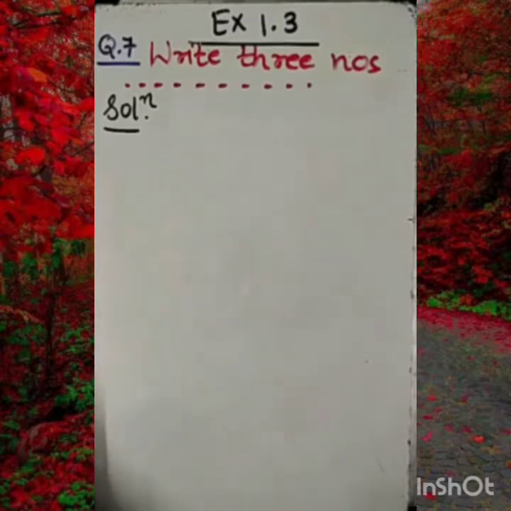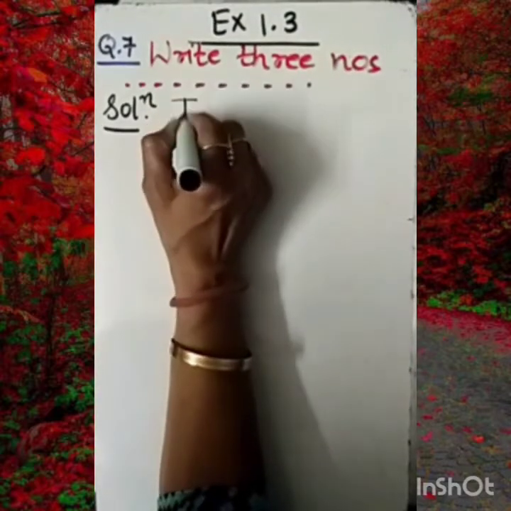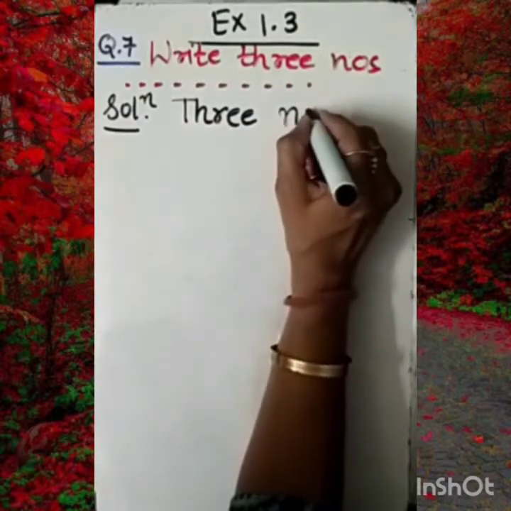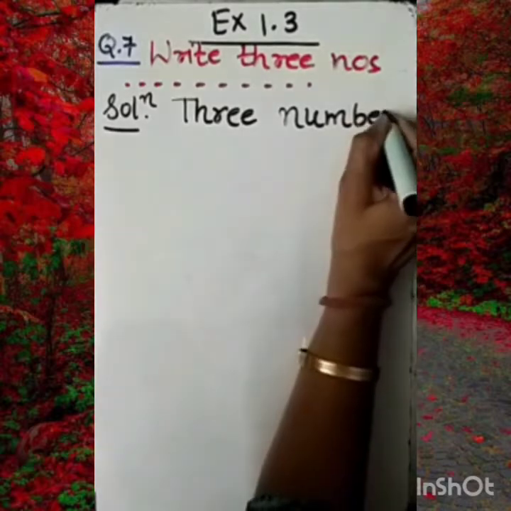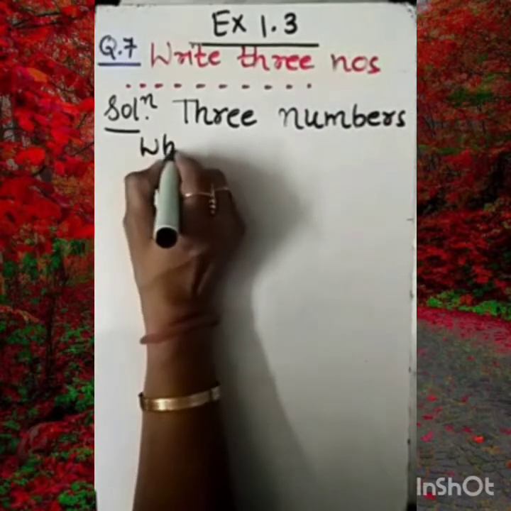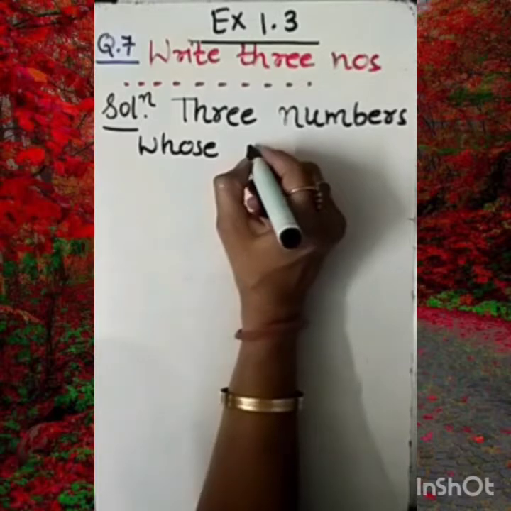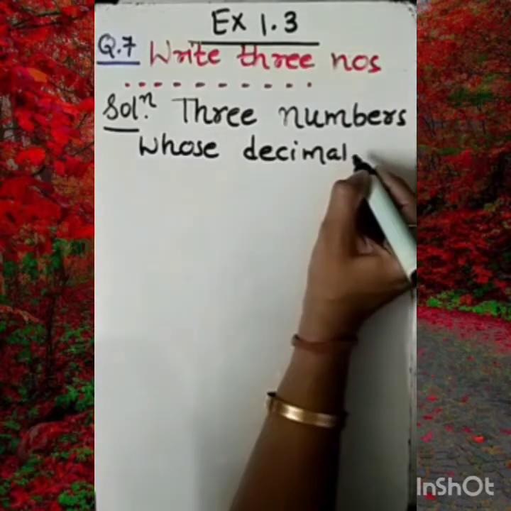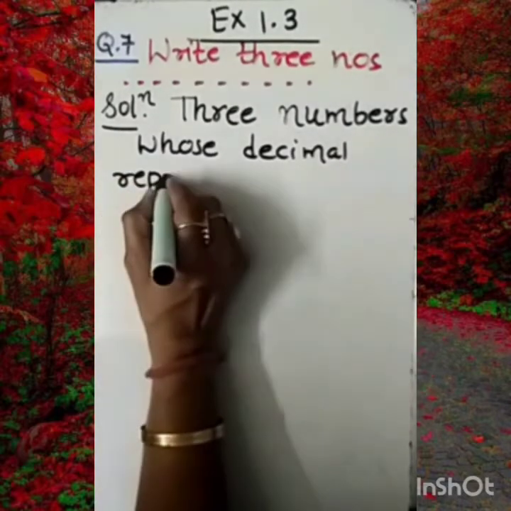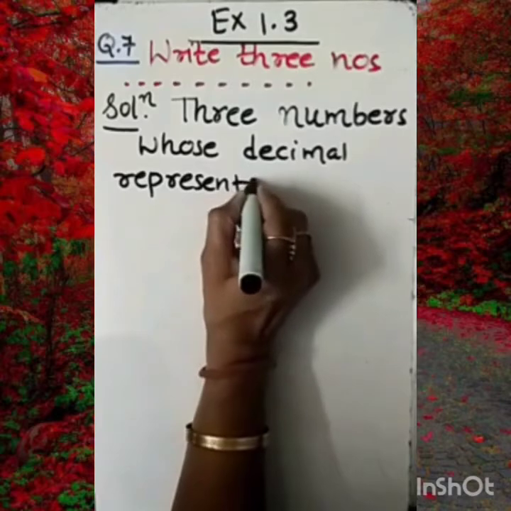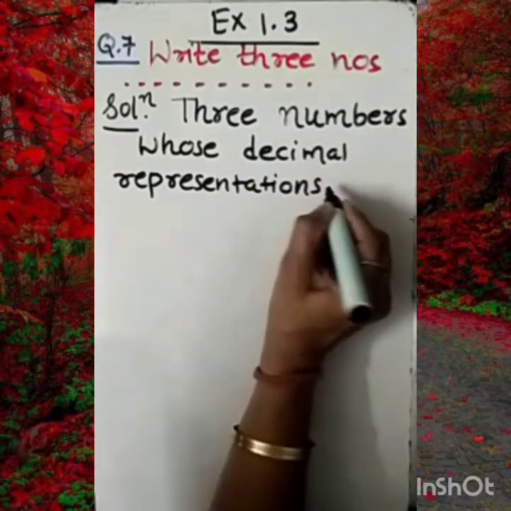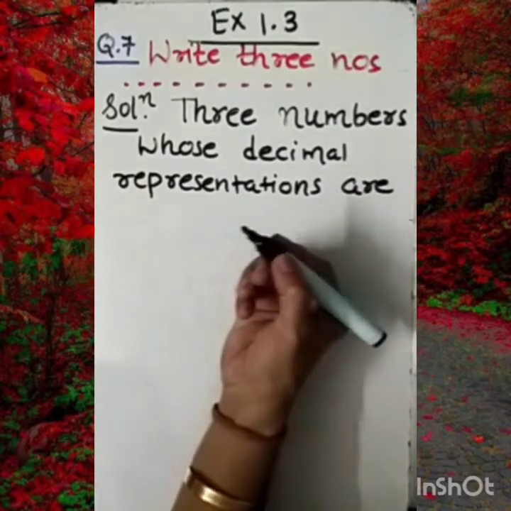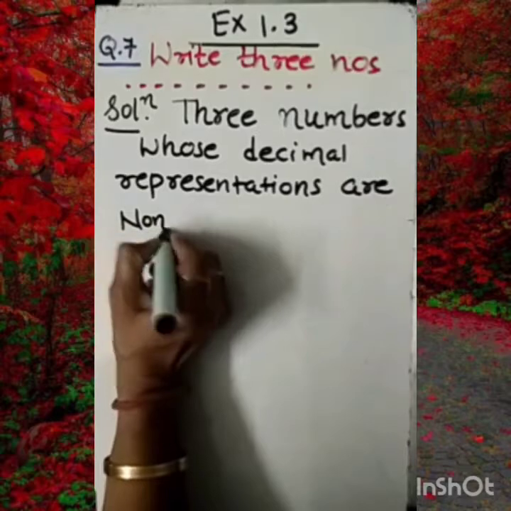I am choosing such three numbers. So let me write here: three numbers whose decimal representations are non-terminating and non-repeating.